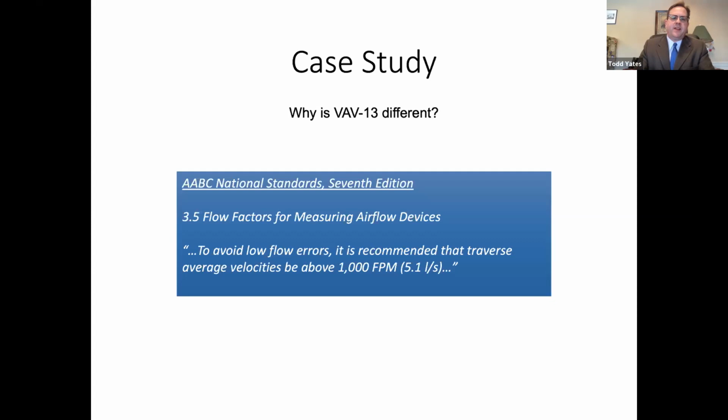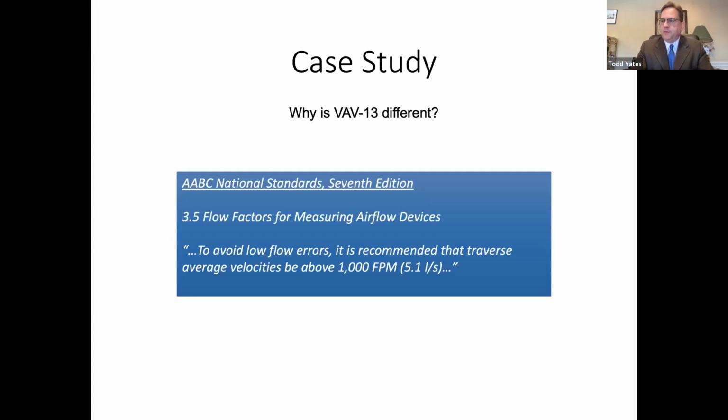Well, the one thing that I found in the current AABC standards was a section on flow factors for measuring airflow at devices. It wasn't exactly what I was looking for, but it was the only thing that I could find that addressed the problem. And it says, to avoid low flow errors, it is recommended that traverse average velocities be above 1,000 feet per minute.